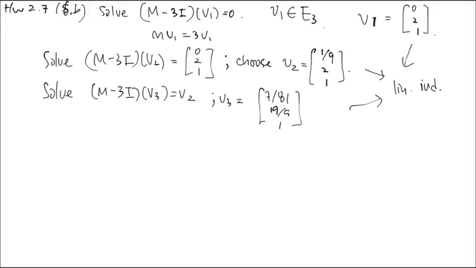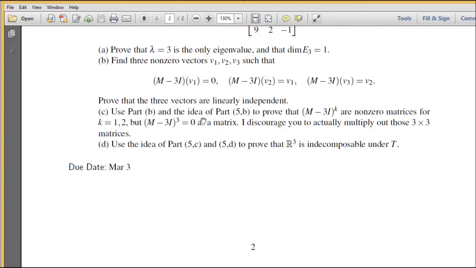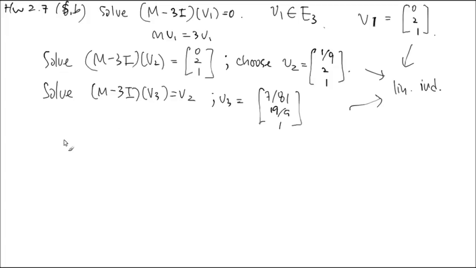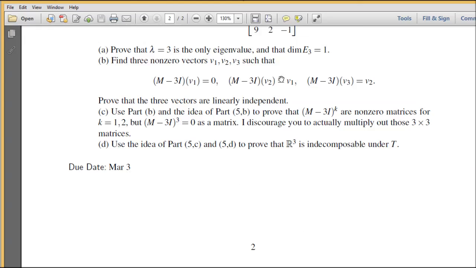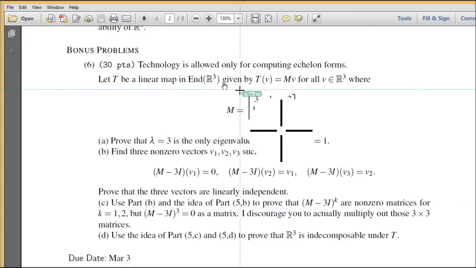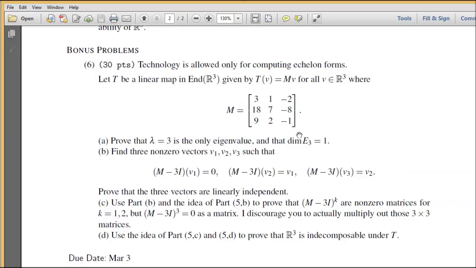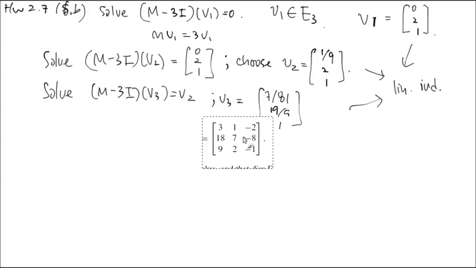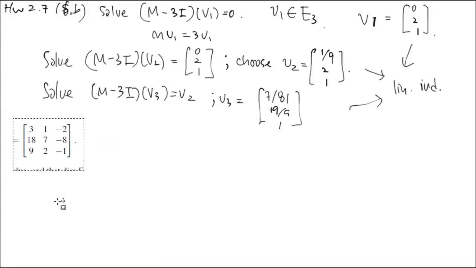So what is the next part? It is asking you to actually show that (M minus 3I) applied twice is non-zero, but if you repeat a third time, the matrix is going to be 0. So rather than actually multiplying this matrix, here is the matrix, minus 2, minus 3, right?